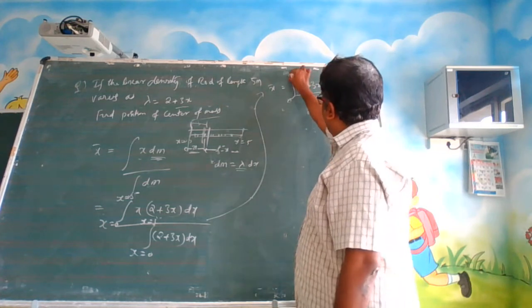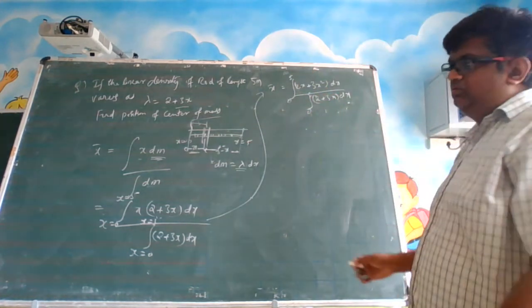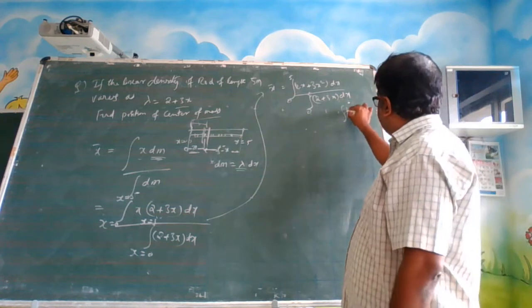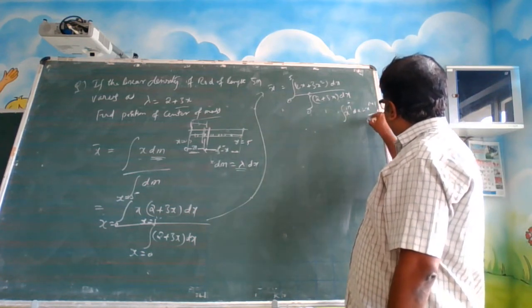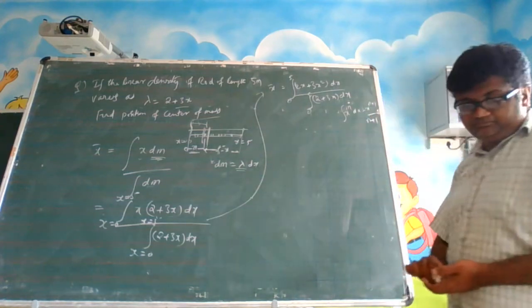For solving this, the one simple formula you have to know is that the integration of x power n dx is equal to x power n plus 1 by n plus 1. This is what you are supposed to know.